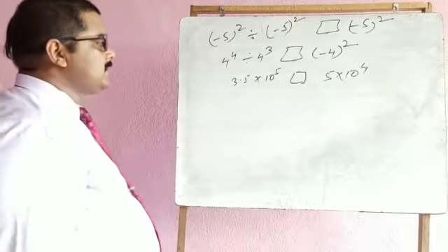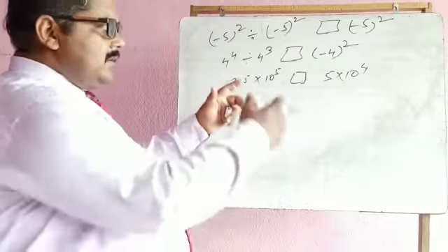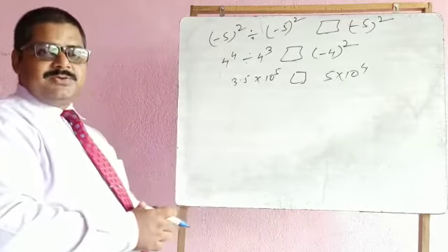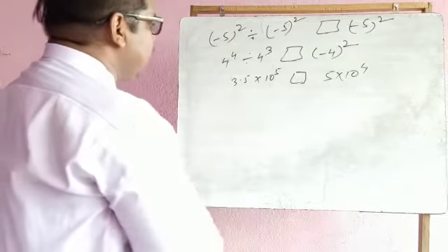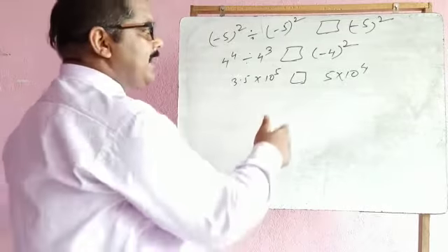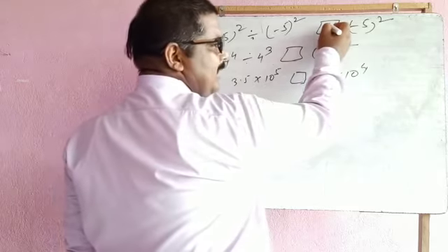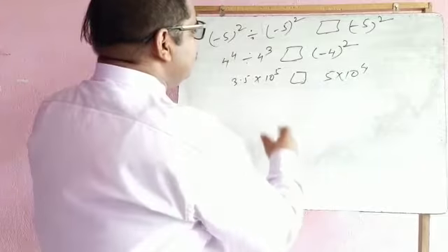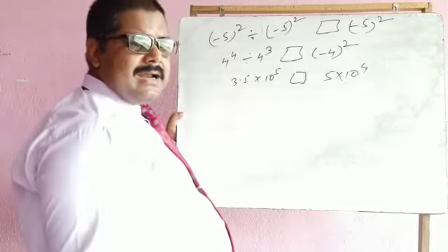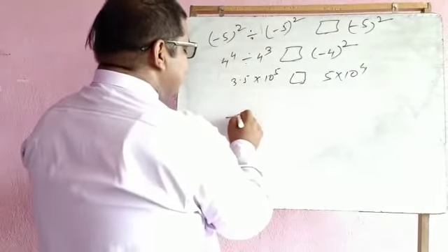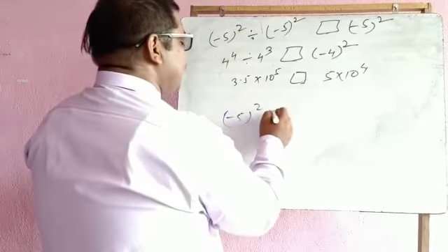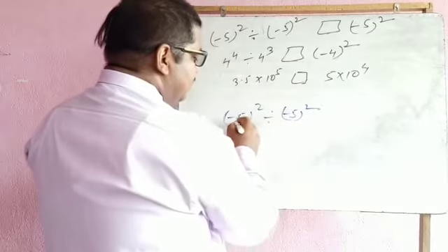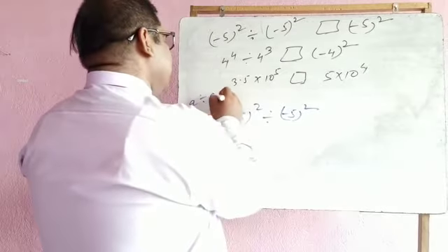Now my dear students, you can just see that you have to put the equal, greater or less sign. Such type of question has been given. Actually, which type of sign do you think so? Equal, greater or smaller? For this purpose, I have to do the calculation. LHS and RHS. What is given in LHS? Minus 5 square divided by minus 5 square. And what will be its answer? If A is divided by A, the result is 1.